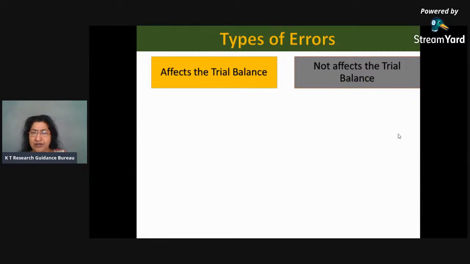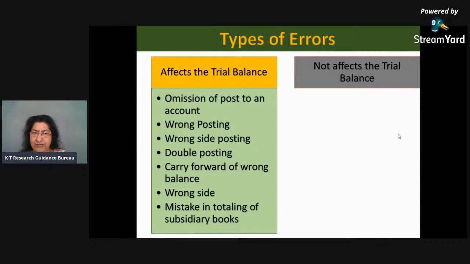So let's try to understand which errors affect the trial balance. Then omission of posting to an account. So one account you posted, meaning you debited, and in another account at the same time you have to credit, and that you forgot. That affects the trial balance. Obviously, your totals will never tally.